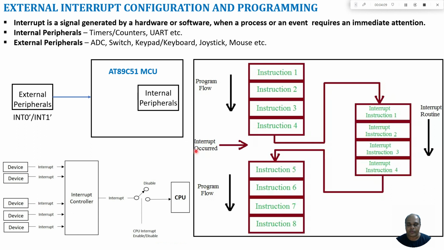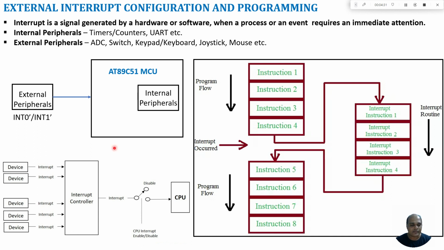Basically, the CPU will execute a program from memory, carrying on its routine work. If an interrupt comes, it responds by executing a program related to the interrupt. Upon completion of the interrupt, it again comes back to its main program.